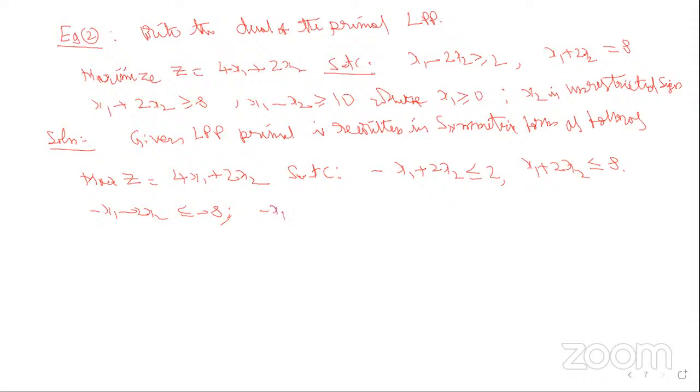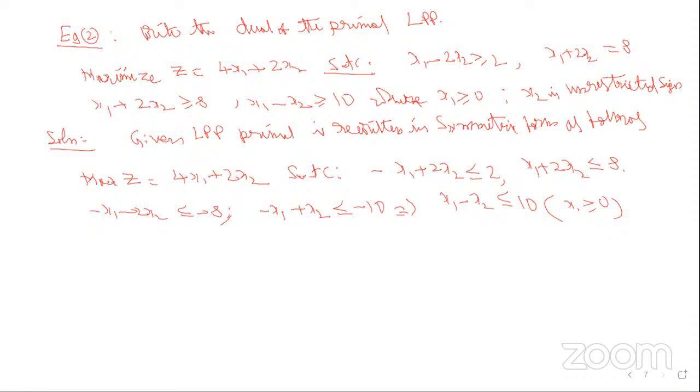Minus x1 plus x2 less than or equal to minus 10; that is, x1 minus x2 greater than or equal to 10, which becomes less than or equal to form. x1 is greater than or equal to 0 as given.